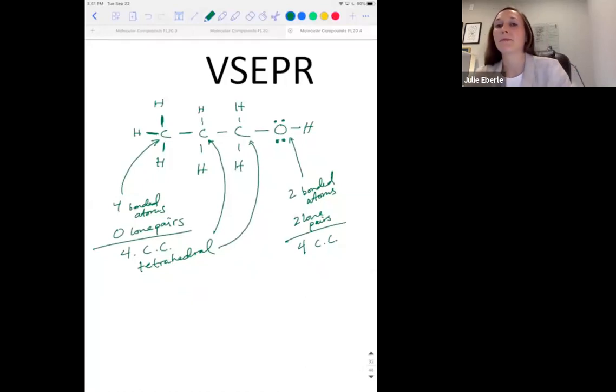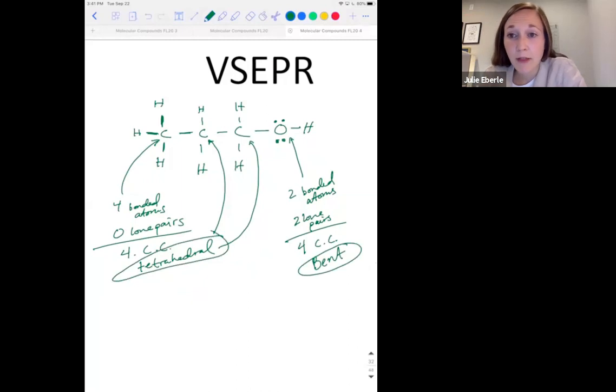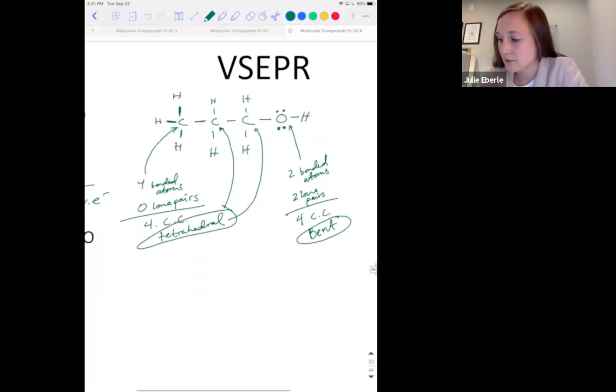Anybody remember? Bent. Okay. So this one is bent. And that's it. We've named all the geometries for this molecule.